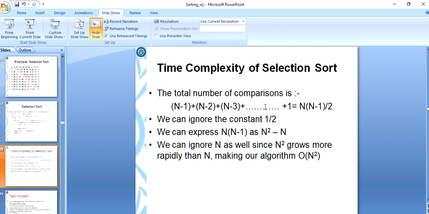In the last round we require only one comparison. So this is an arithmetic progression from 1 to n minus 1. Actually it is n minus 1 down to 1, but whether you add numbers from n minus 1 to 1 or from 1 to n minus 1, the effect is the same.